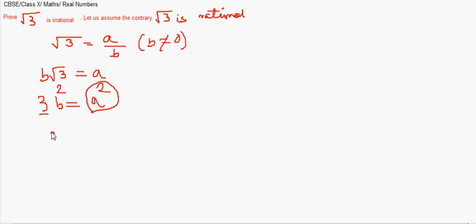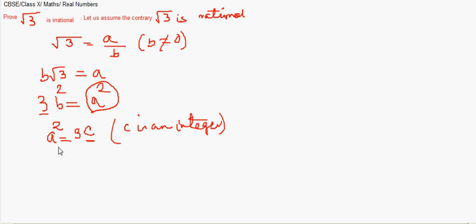So a square is 3 into c, where c can be any integer. I'll just write c is an integer.